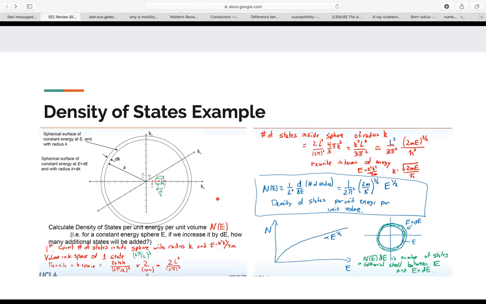So if you look at this sphere, when we relate an energy to k-space in a graph, the k is actually like momentum. As you move farther and farther away from the origin, that dictates the amount of momentum a particle has. According to the Pauli exclusion principle, inside a crystal no two particles can be in the same state, meaning the same momentum, same position, same spin, all that good stuff.